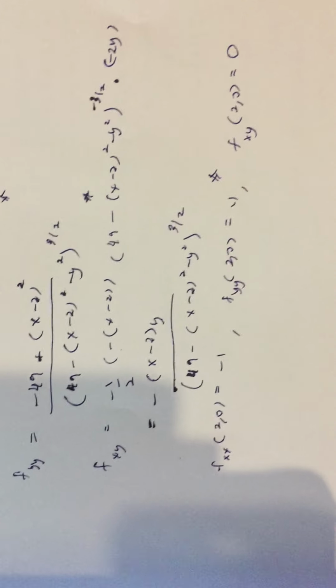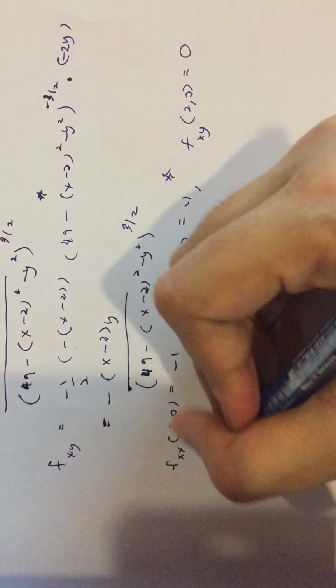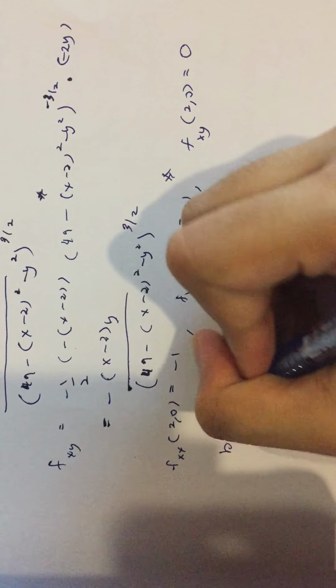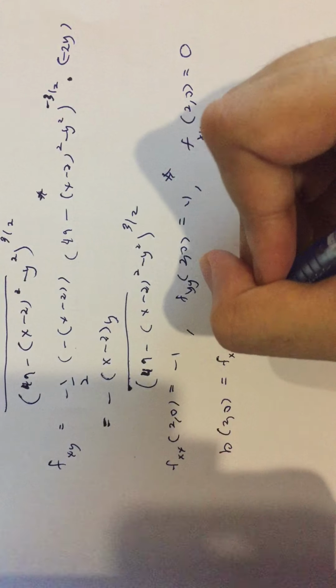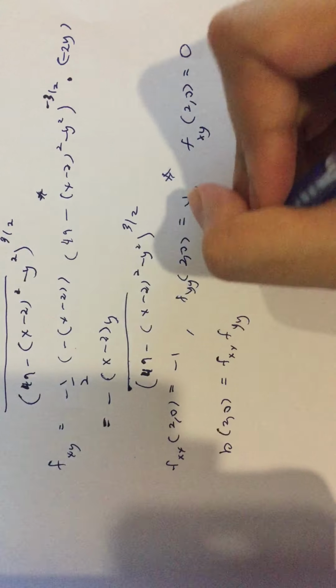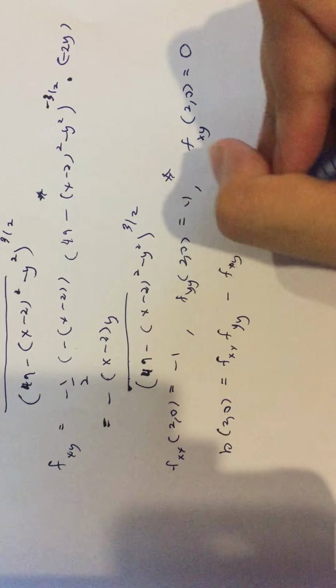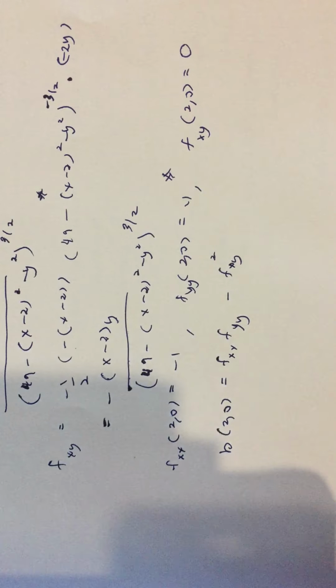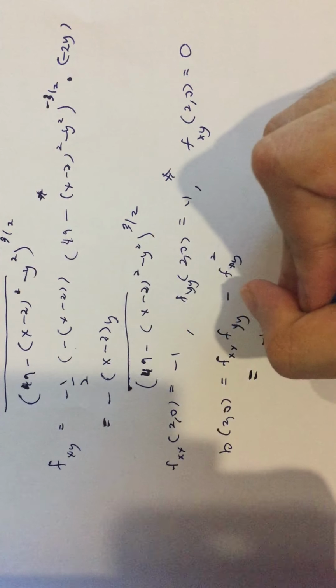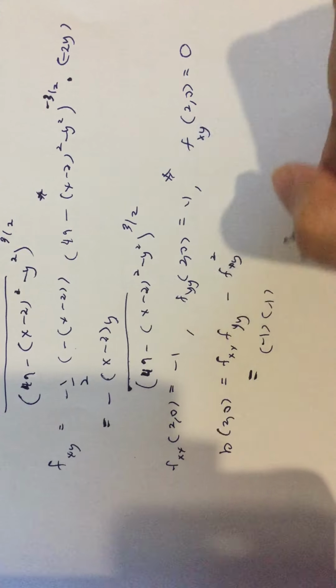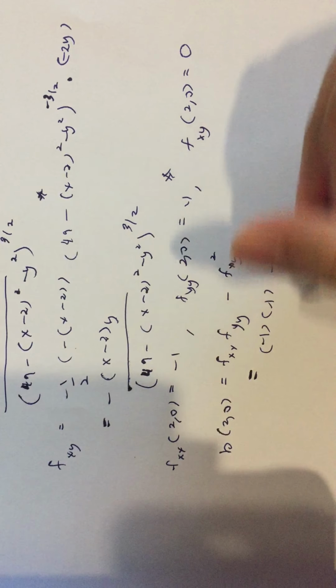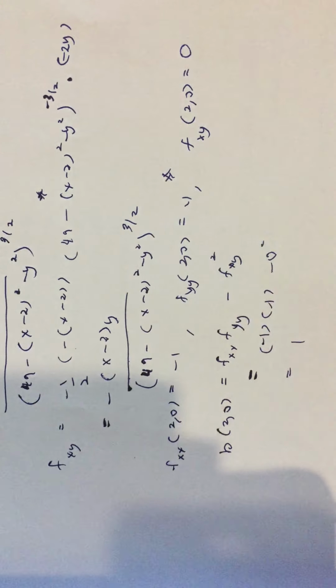Now we need to calculate D. So D at (2, 0) is actually equals to fxx at (2, 0) times fyy at (2, 0) minus fxy at (2, 0) squared, which is equals to minus 1 times minus 1 minus 0 squared is equals to 1.